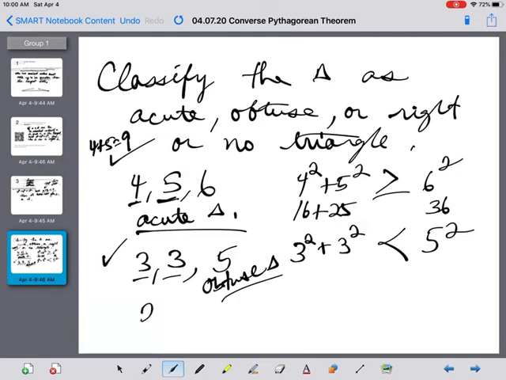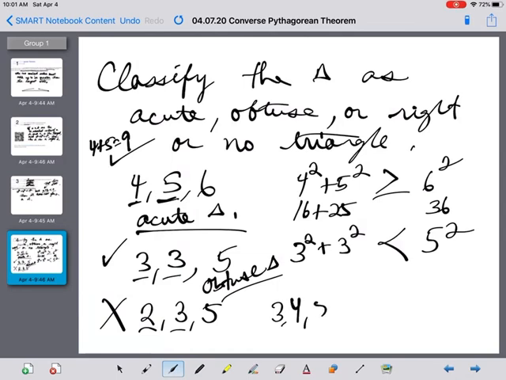Now what if we had 2, 3, 5? 2 plus 3 equals 5, not a triangle. So if you went on to the test for the Pythagorean, it would come out to obtuse, but it actually will never form a triangle.